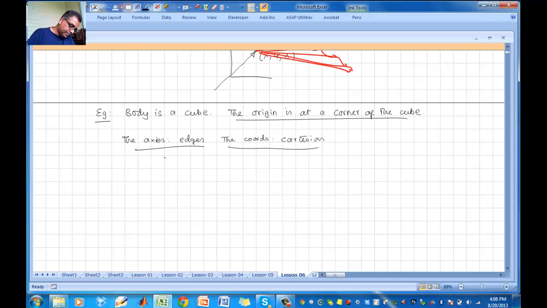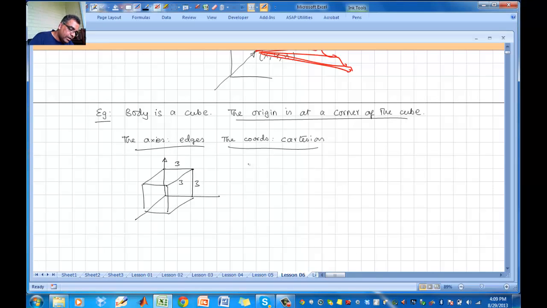So here it is. You can see the cube. And to be definite, let us say the sides of the cube are 3 units long.